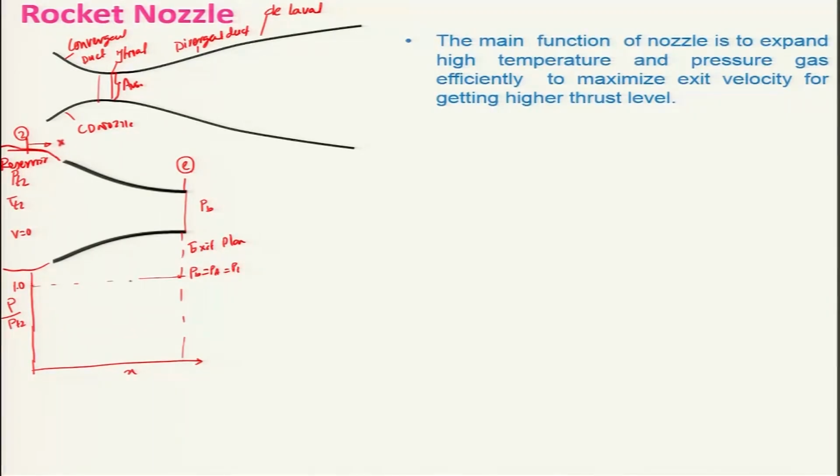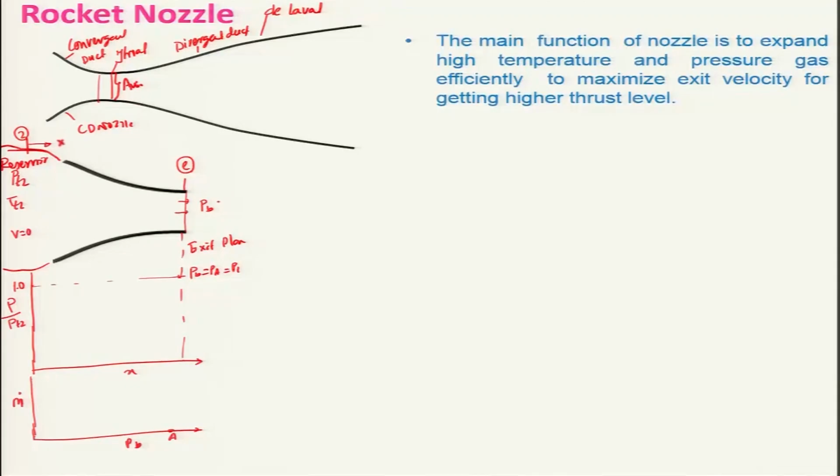There is no flow taking place. If I draw another plot over here, this is PB and this is the mass flow rate through the nozzle. We can say there is no mass flow rate when PB is the same as P2. Let us say this point is A.